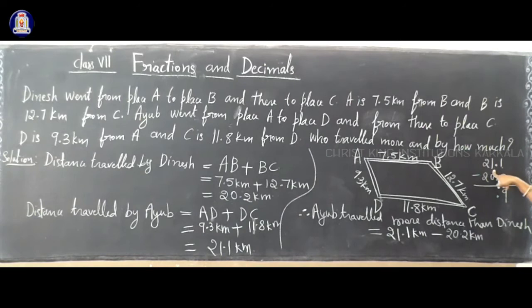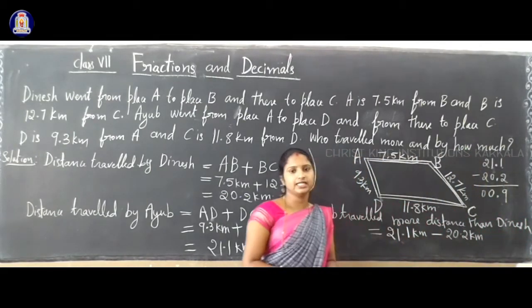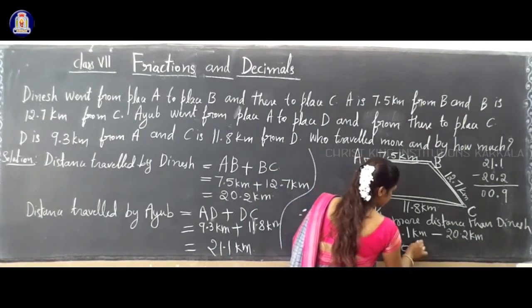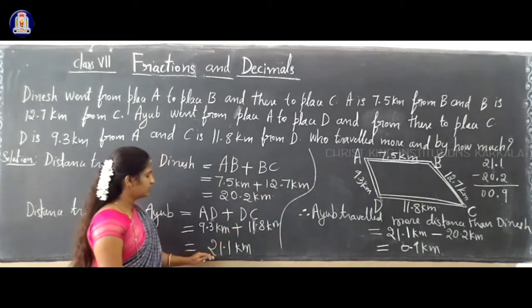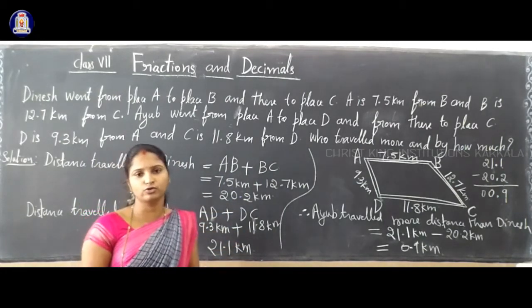So what is remaining here? 0. So 0 minus 0, 0. Now 2 minus 2, 0. So what is the answer? The answer is 0.9 kilometer. So this is the difference between 21.1 kilometer and 20.2 kilometer.